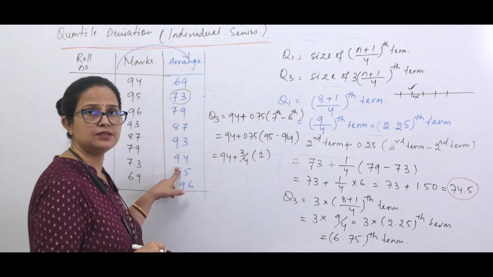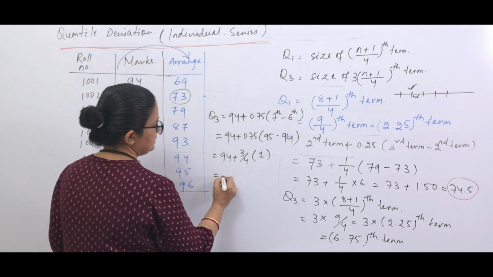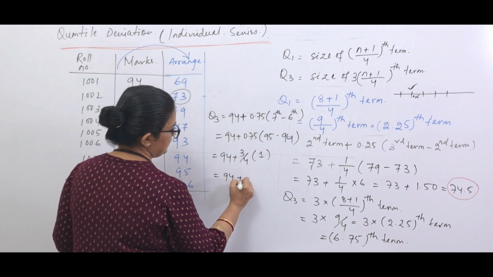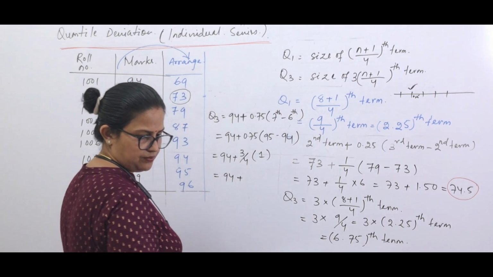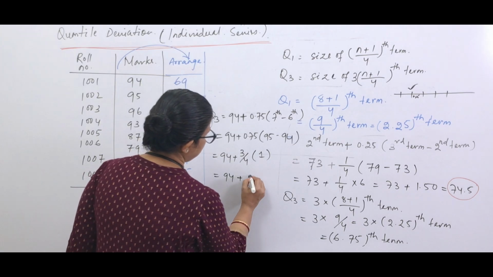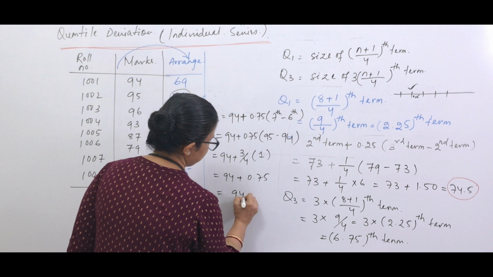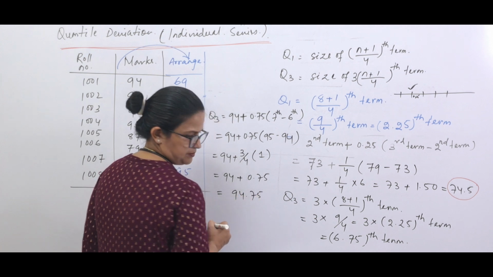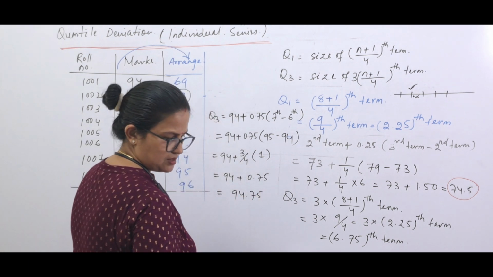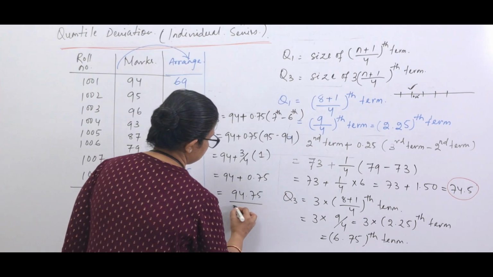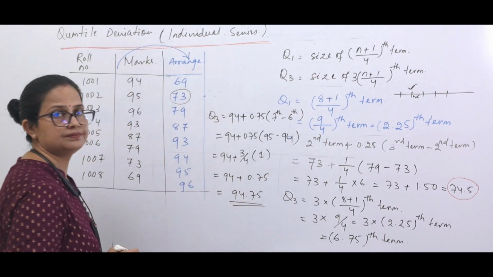So that is equal to 94 plus 0.75, which is equal to 94.75. So this is our third quartile.